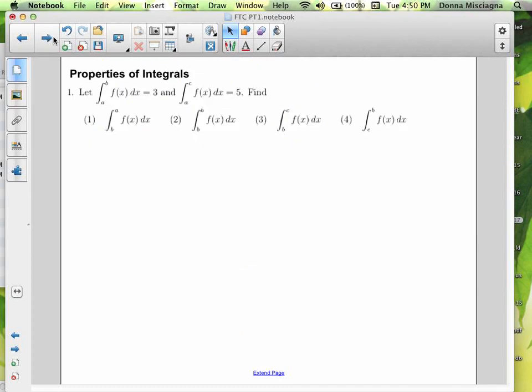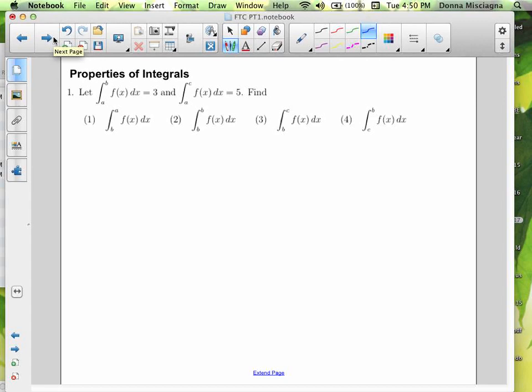All right, some properties of integrals. So let the integral of f of x dx from a to b be 3, and the integral of f of x dx from a to c be 5. We want to find these things here. So number 1, f of x from b to a instead. If you switch the limits, you just negate it.